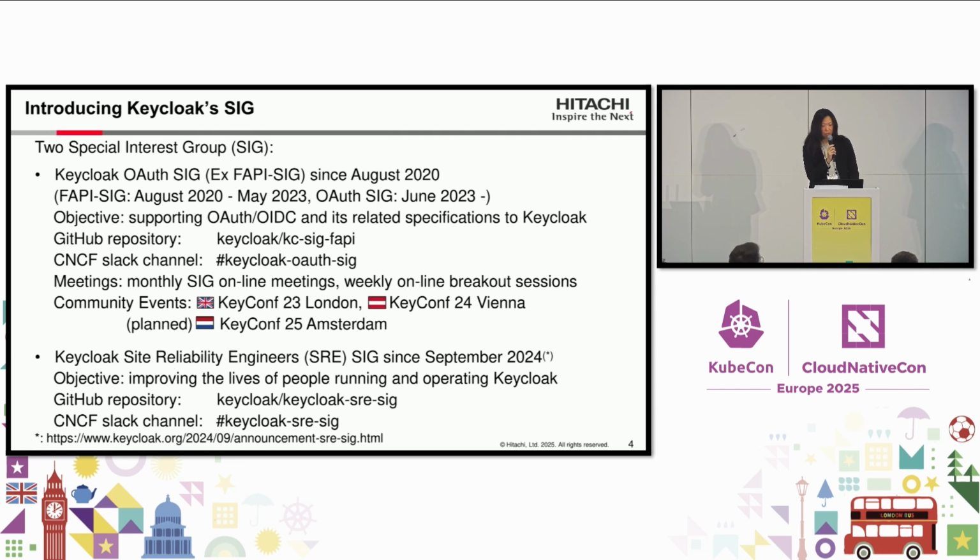The objective of OAuth SIG is to add support for OAuth, OIDC, and its related security specifications to Keycloak to make Keycloak more secure, while the objective of SRE SIG is to improve the lives of people like you running and operating Keycloak.